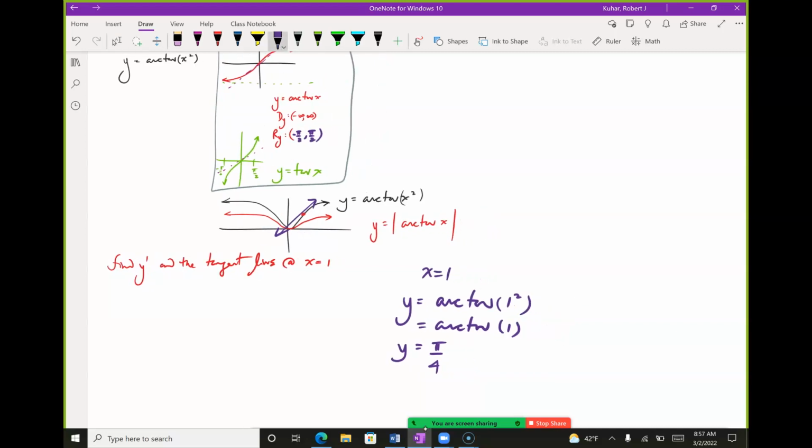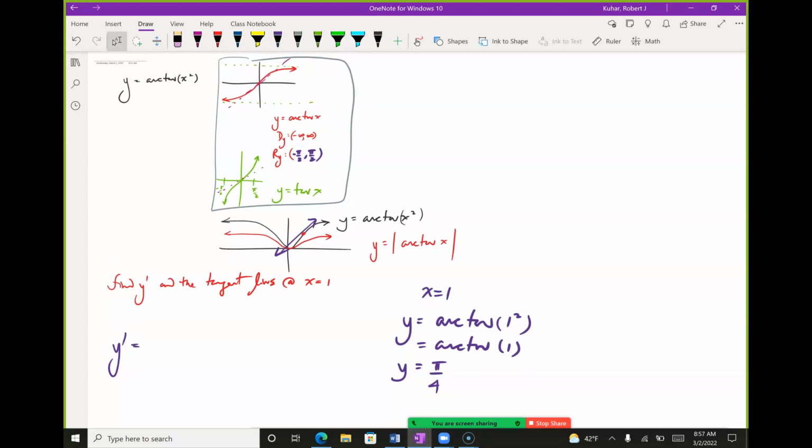So what do we know for y prime? When I have a complicated function inside, I like to answer a couple of things. Remember, y equals arctan of u gives me y prime is u prime over 1 plus u squared. So I need some information. First of all, what is u?